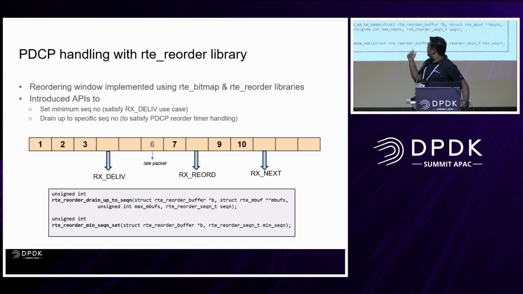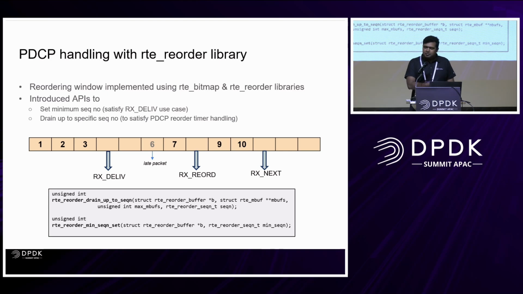Yeah, I hope it's visible. The first one is rte_reorder_drain_up_to_seqnum. This allows the application to drain up to a sequence number, irrespective of whether there is a gap or whether it's continuous. It gives the application the flexibility to drain up to a specific sequence number.